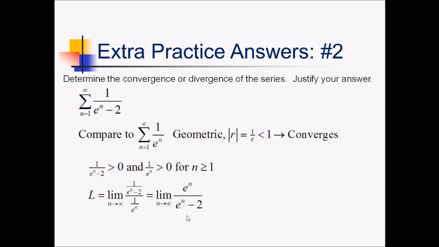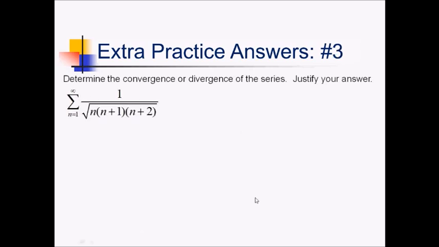As n approaches infinity, I can forget all about this negative 2. So it's really just e to the n over itself, which comes out to a limit of 1. Now, since 1 is a finite positive number, since this L here is between 0 and infinity, and since my comparison series converged, that means my original also converges by the limit comparison test.